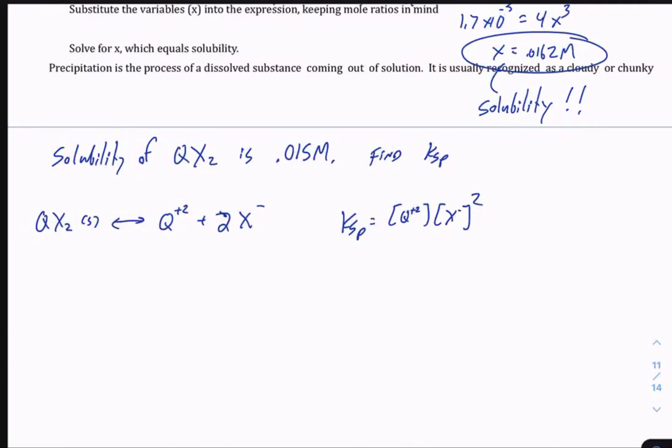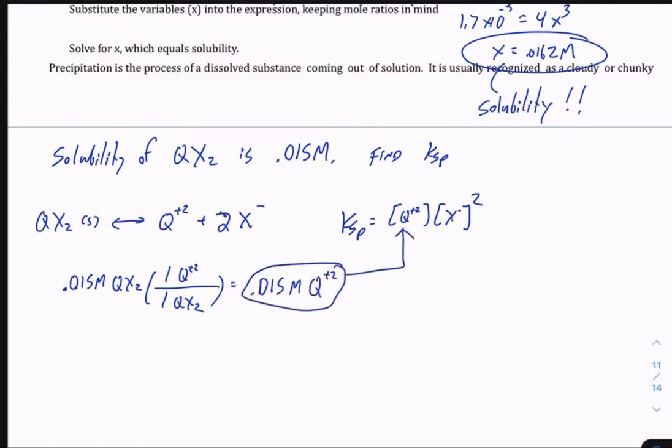Let's start with the concentration that they gave me, 0.015 molar QX2. In every one QX2, how many Q's are there? One. So I have my concentration of Q, 0.015.